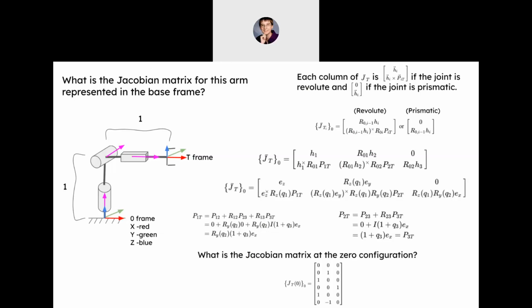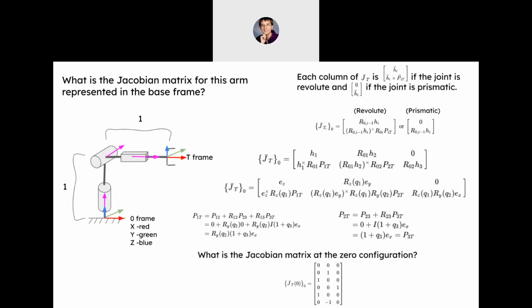The same goes for the p_iT's, because p_iT is in the i frame, so we use the rotation to bring it back to the base frame. For this arm, we have 2 revolute joints, so we have our joint 1 and joint 2 columns, and then 1 prismatic joint, which is captured in this way.